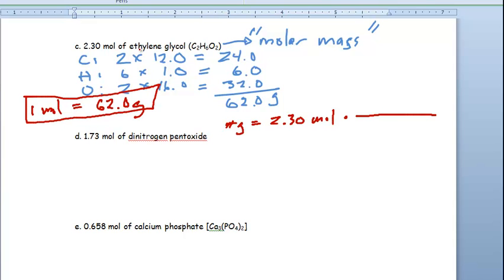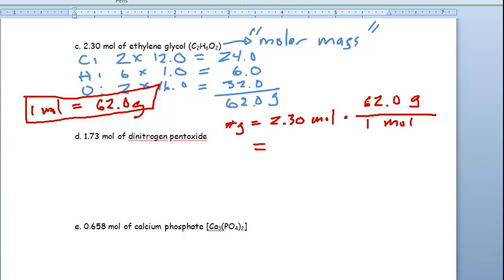All right, so that's our equivalence. And since we're trying to calculate the number of grams, we're going to put grams on the top. So that's 62.0 grams over 1 mole. Remember, the abbreviation for mole is MOL. And then when we do this out, we're going to have 2.3 times 62.